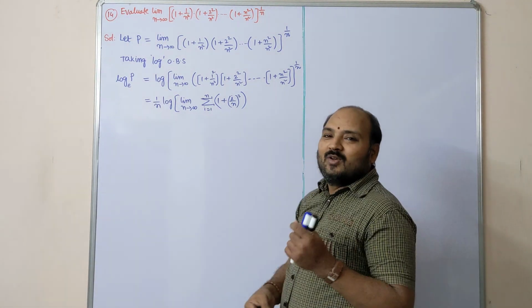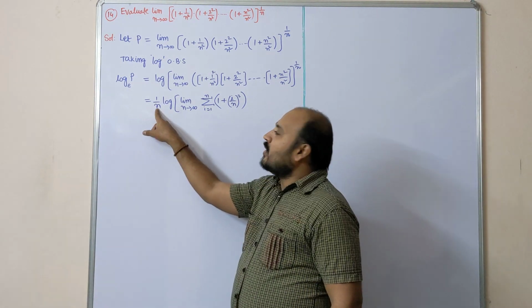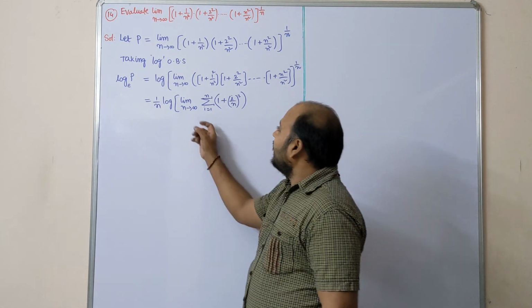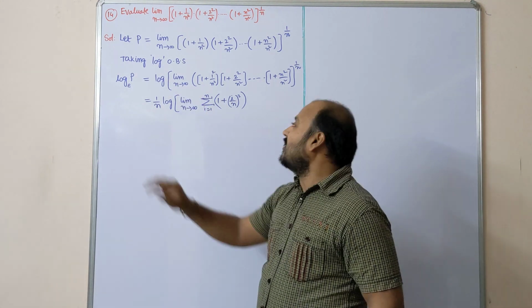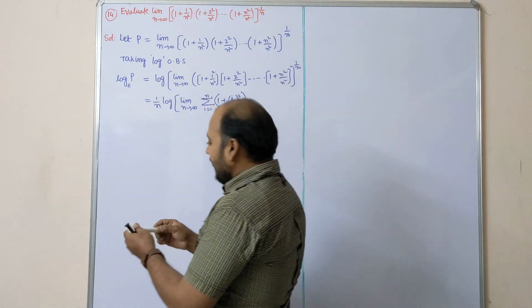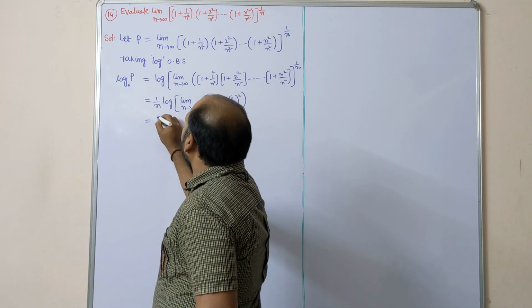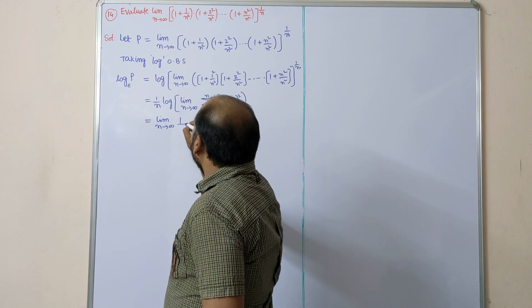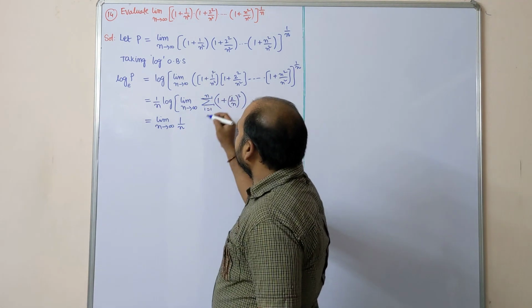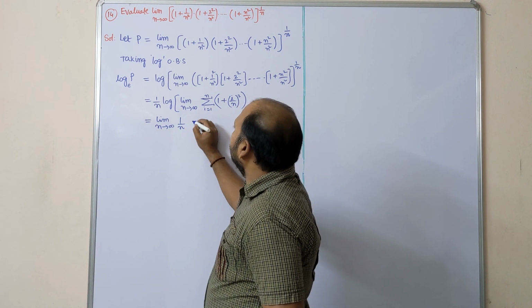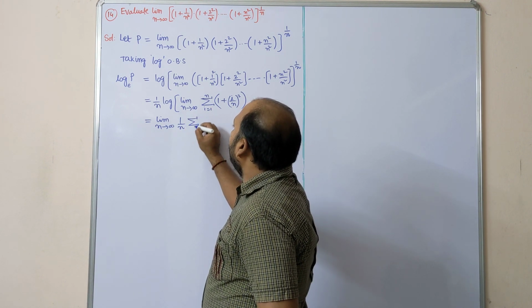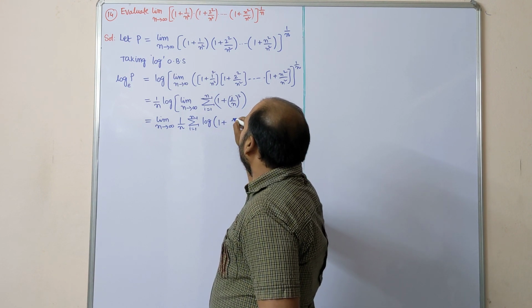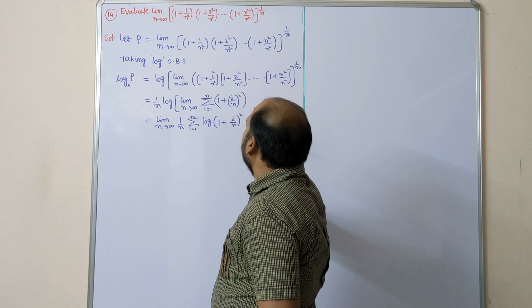After that, what we have to write is, this 1 by n we are taking inside the log and the limit we can take outside of the log. So we can take it as limit n tends to infinity, 1 by n, this sigma also, i is equal to 1 to n, log of (1 plus i by n) whole square.